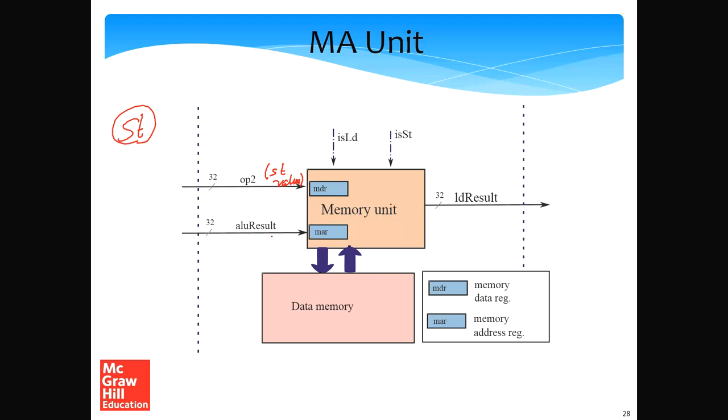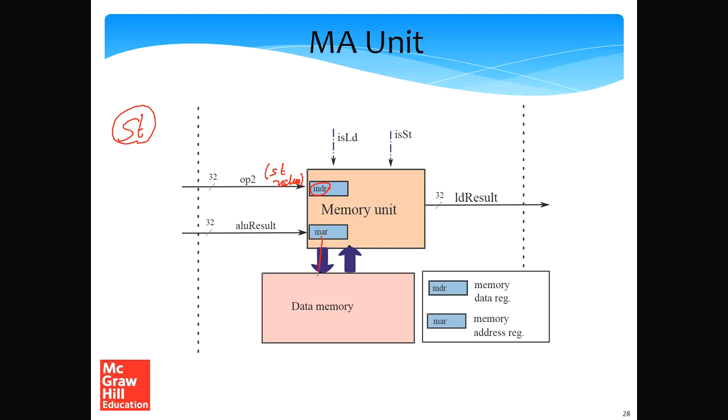This ALU result contains the address for both loads as well as stores. In this case, the address gets stored in the MAR register inside the memory unit, which is not visible outside, so it's just a staging area. The data that needs to be stored is stored in the MDR register, which again is a staging area.